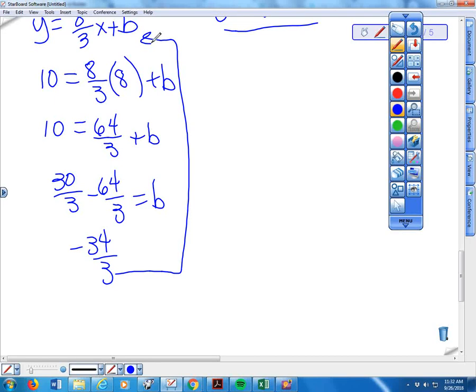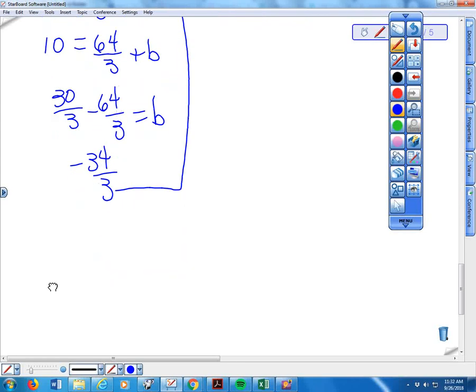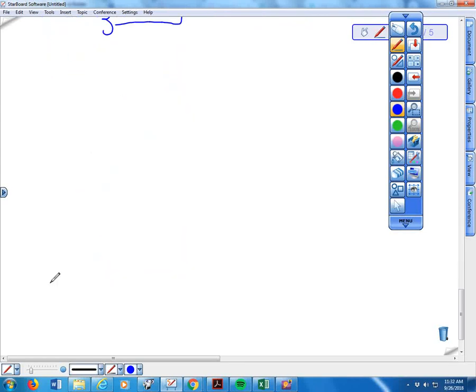Now, letter C. Write an equation in slope-intercept form. So I'm back to y equals mx plus b. It gives me the slope this time. So it's going to be y equals 1/2 x plus b. It passes through (4, -17).